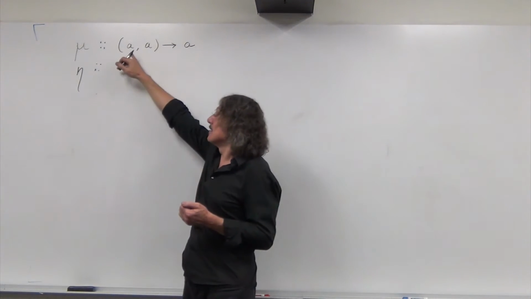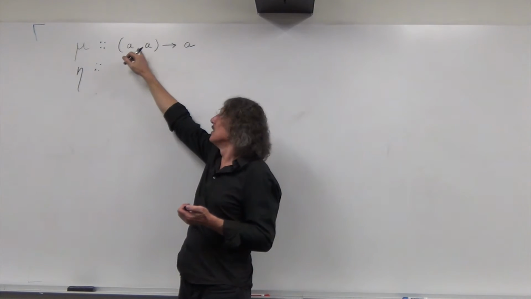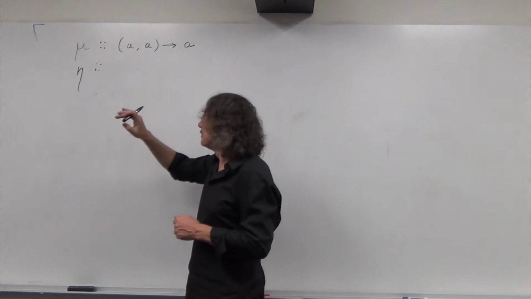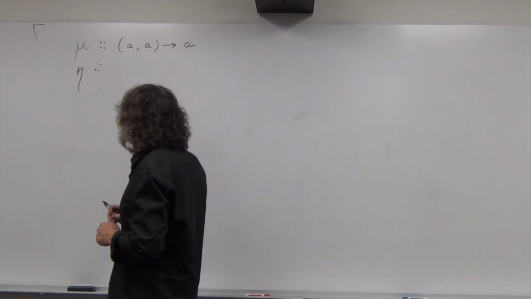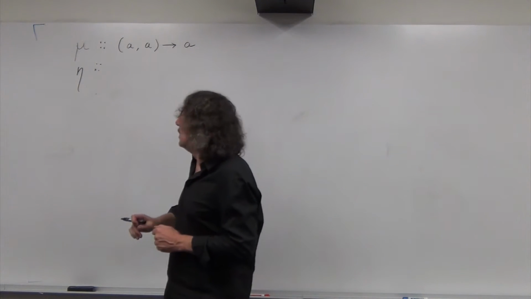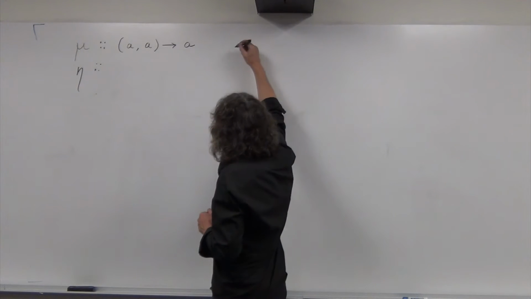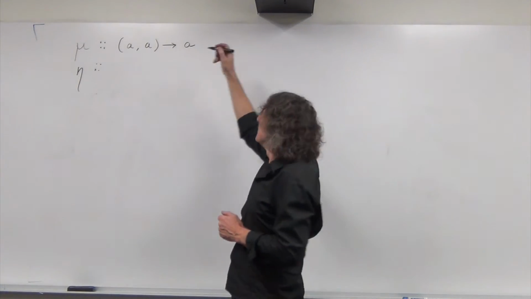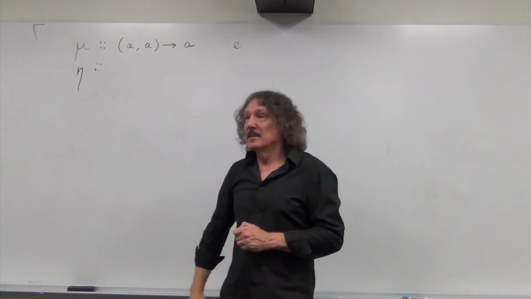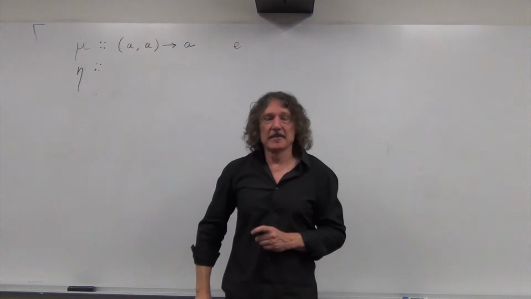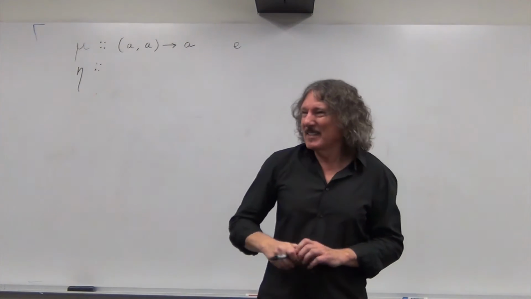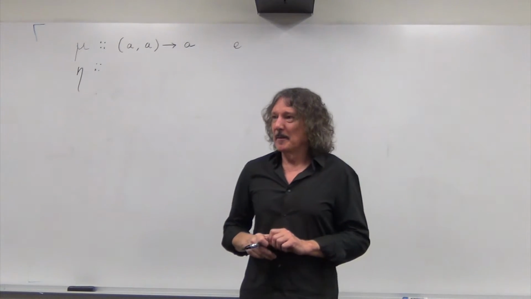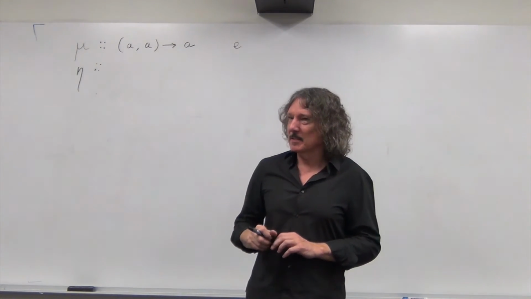So like if this is a set of strings, we have pairs of strings, and we concatenate them to get another string, right? And eta, well, we have this neutral element, the identity element, sometimes called e. That's an element of the set. And again, we don't like talking about elements, so we would rather replace it with a function.